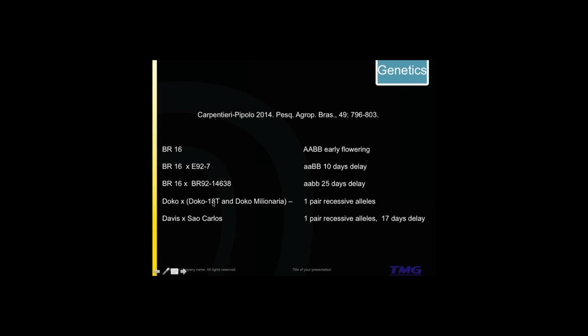These mutants that were selected in DOCO, they show that they have a pair of recessive alleles that control the long juvenile trait. Also São Carlos, which is another variety, derived from Davis, has 1 recessive allele that delays flowering by 17 days. So I would suggest looking at this paper. I do have a copy if you want.